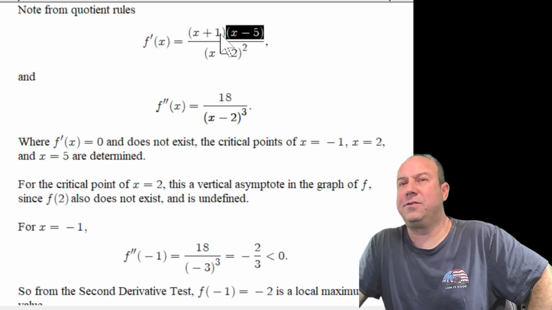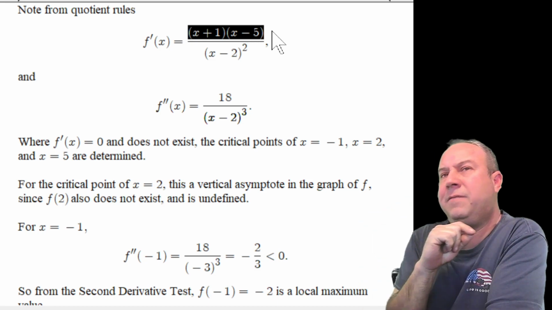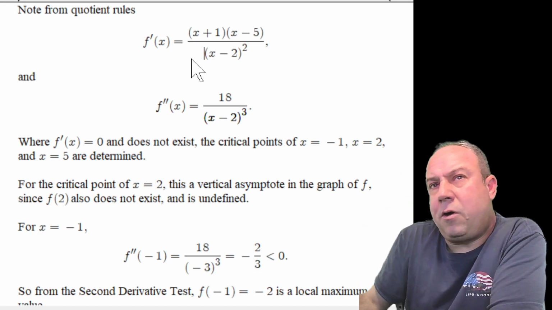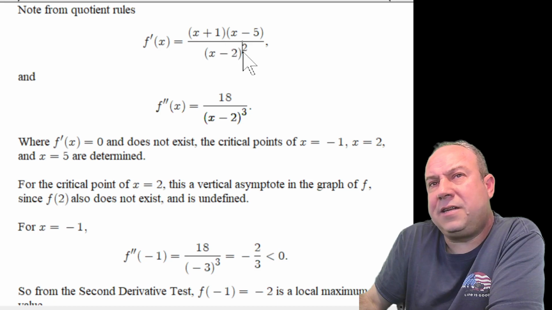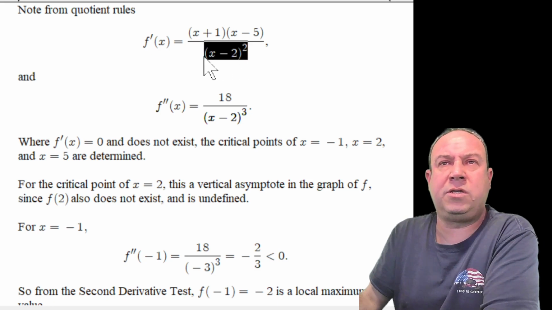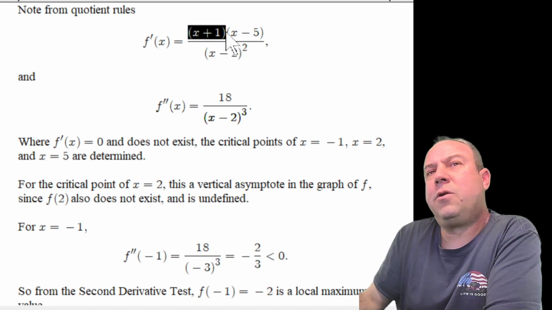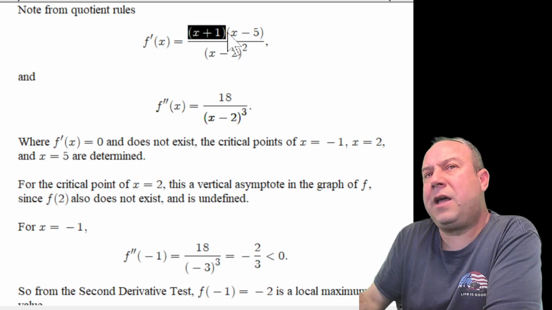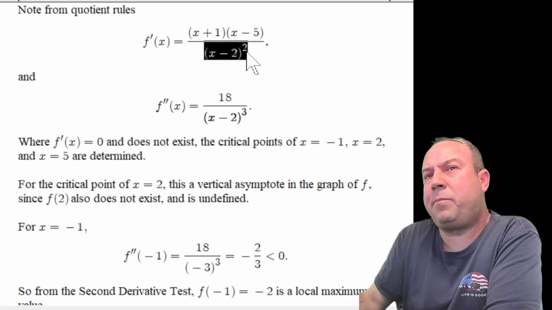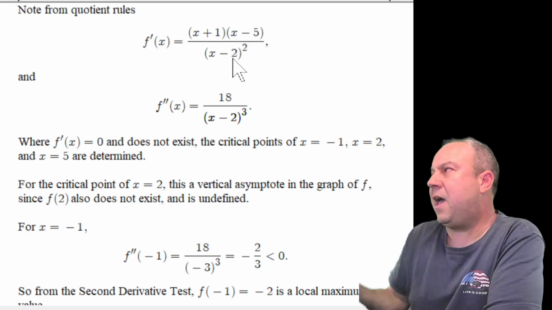These two factors in the numerator will both be negative, which means if we multiply them, they'll be positive, and they'll be over this value that's also going to be positive, because any quantity squared will always become positive. So if x is less than -1, you'll have a negative times a negative, which is a positive, over a positive. So f prime would be positive.